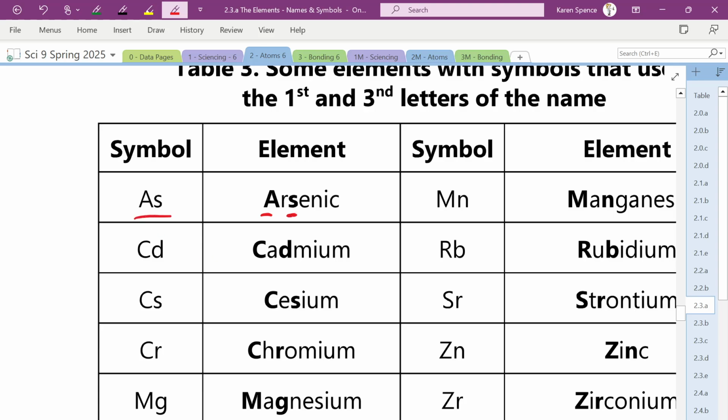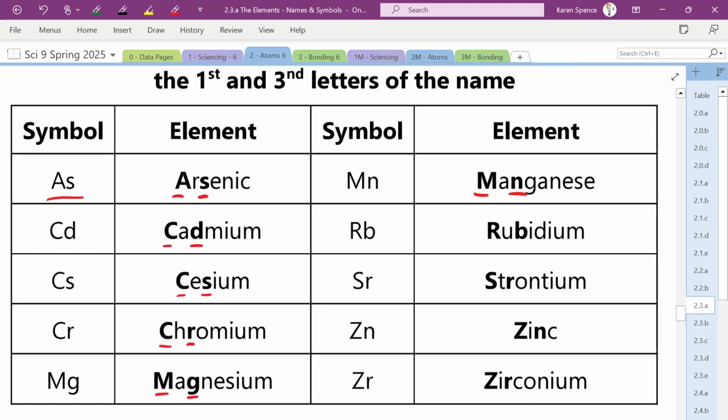So As for arsenic, Cd, cadmium, Cs, cesium, Cr, chromium, Mg, magnesium, Mn, manganese. Those 2 are easy to confuse, so just watch out for them. Manganese has the N first, magnesium has the G first. Rubidium, strontium, zinc, and zirconium.